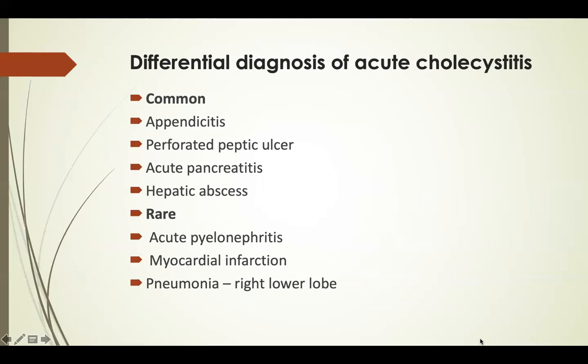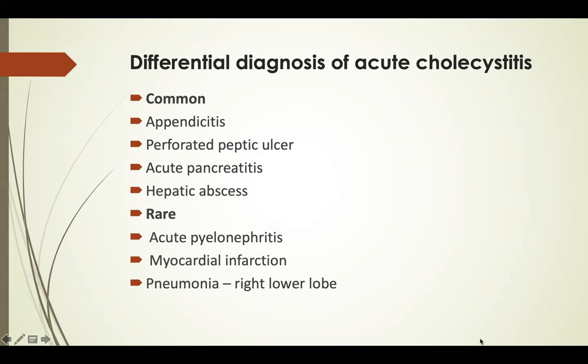Now, as I told you before, a patient complaining of pain in the right hypochondrium, what can be the possibilities? This may be a question in your exam: what are the differential diagnoses? Whenever you are asked about the differential diagnosis of any disease, if you don't know, just imagine what anatomical structures may be there at that area.